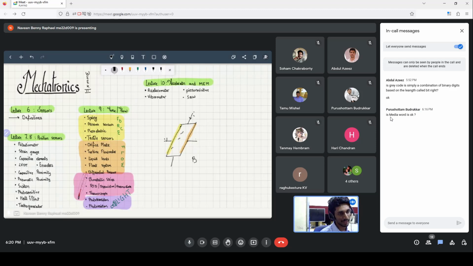Purushottam, what do you mean by the word media? I just want to add that the word air is used as a fluid, so can we use media instead of air? Air is a fluid, or air is a media? It depends on the question. In some places, it's weird to call it media instead of air.